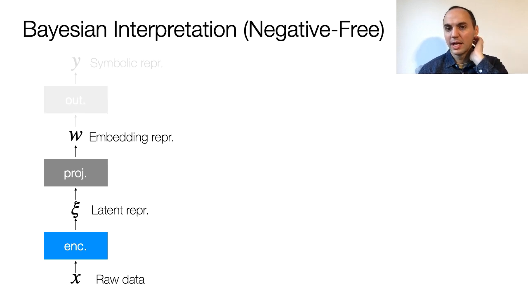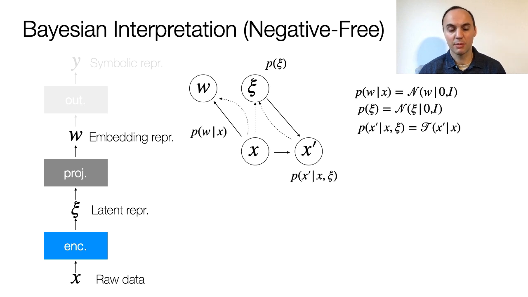Now let's consider the last family of approaches, which are negative-free approaches. Here we consider another set of ingredients, and the probabilistic graphical model that we can devise is the following. It might be scary at the beginning, but let's go through it. Again, we have x and x prime, and then we have our embedding and our latent representation.